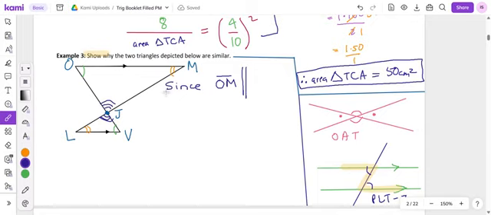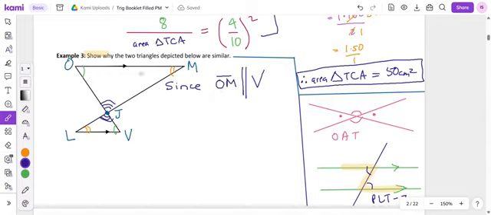All right. But PLTZ only works because these two lines are parallel. So OM is parallel to, do I say LV or VL? Which is the identical? So if O goes first, what goes first?